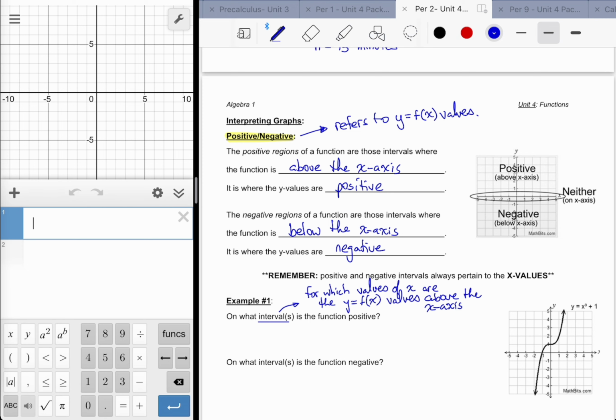Same idea for negative, except below the x-axis. All right, so I could just do a quick copy-paste job there.